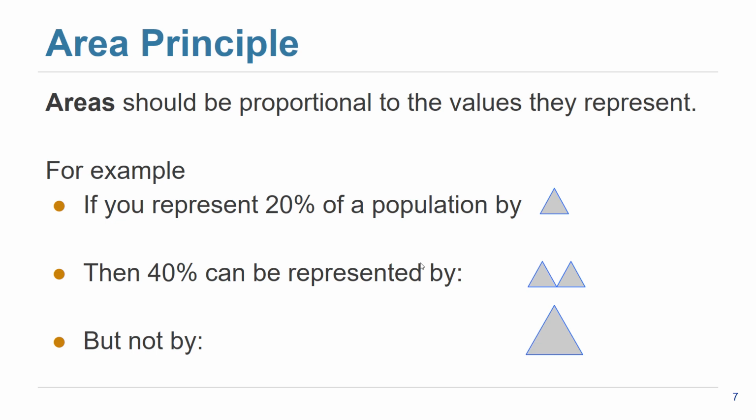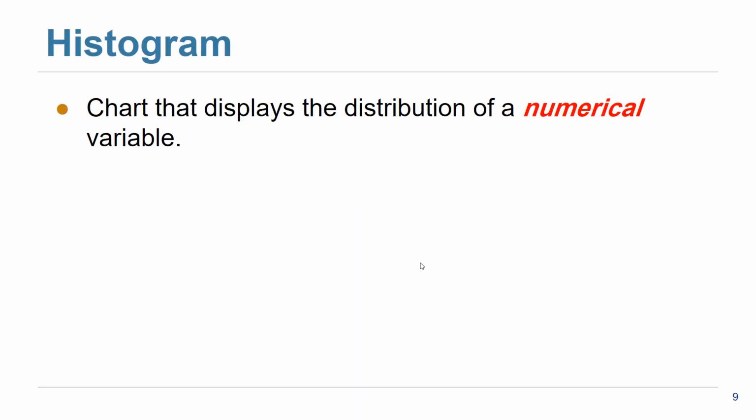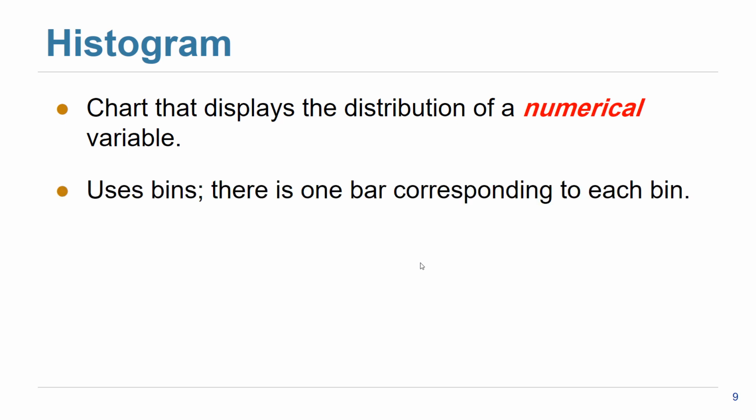It's clear. Now we will use these two concepts, binning and the area principle, to draw histograms. So in drawing histograms, as we said earlier, histograms represent the distribution of numerical variables, not categorical. If we need to look at the distribution of a categorical variable, then we should use bar charts. But histograms are for distributions of numerical variables.